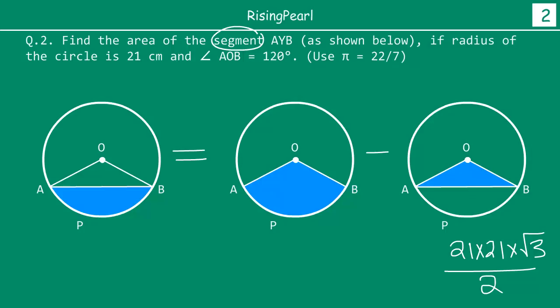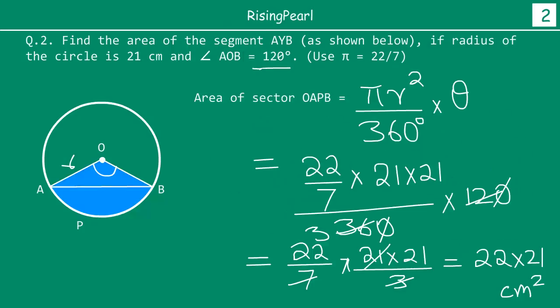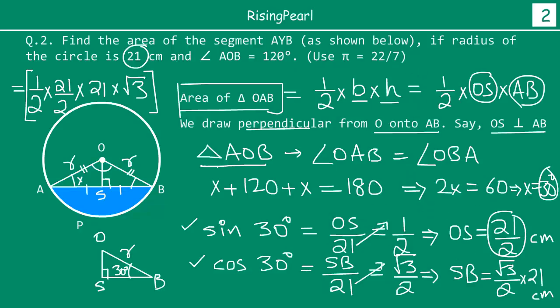What was the area for the sector? Area of the sector was 22 times 21. So we come back here. So 22 times 21, and area of the triangle actually was 21 times 21 square root 3 divided by 4, not by 2.